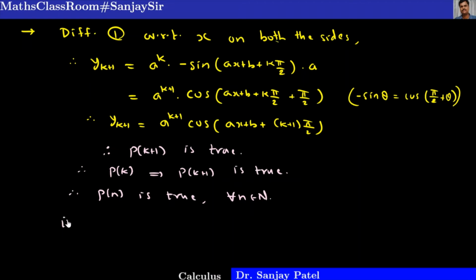So that is yn is equal to a raised to n into cos of ax plus b plus n times pi by 2 for every n belongs to N is also proved.